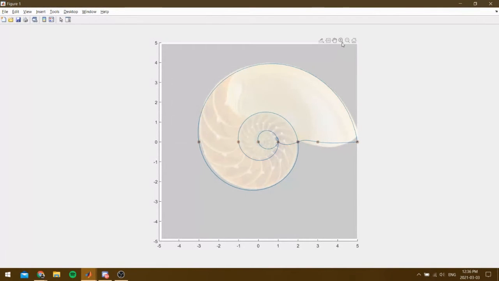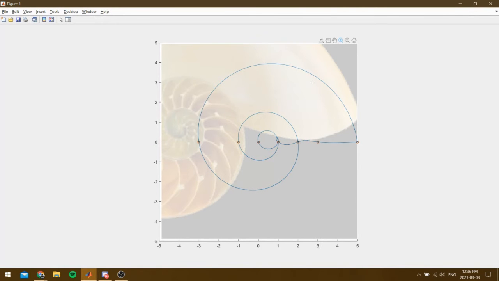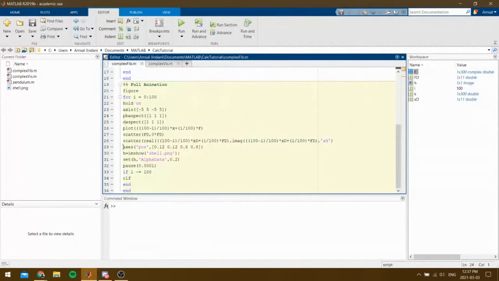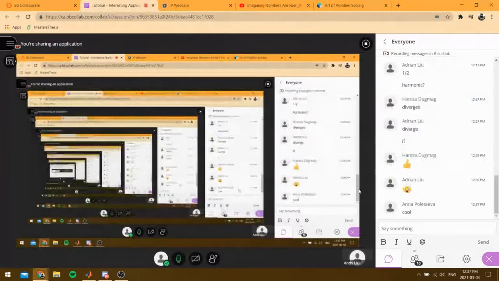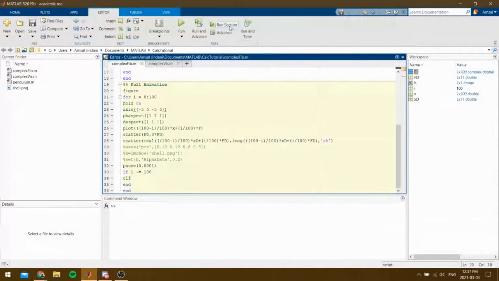Some interesting things that we can see is, for example, over here, or wait, let me just hide the shell again so I can zoom in properly.